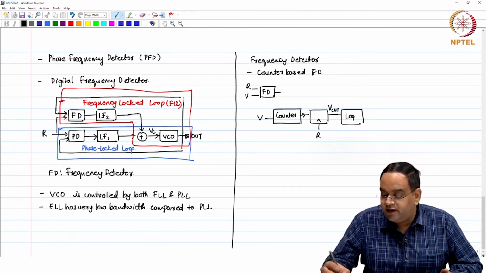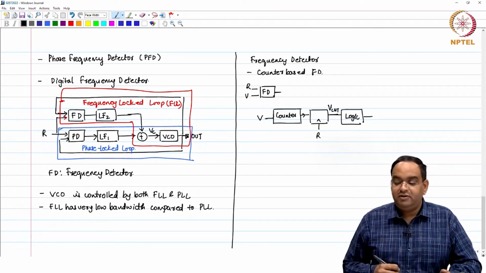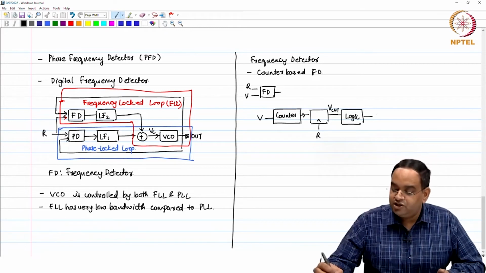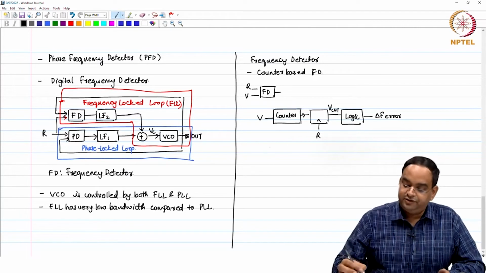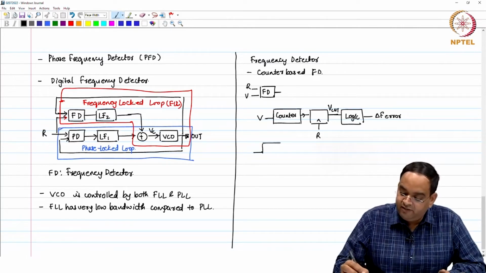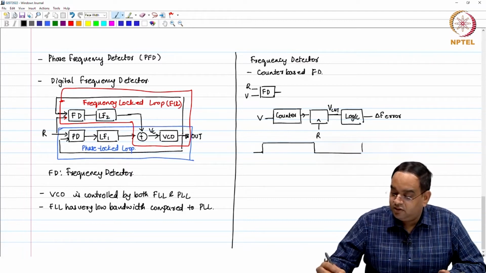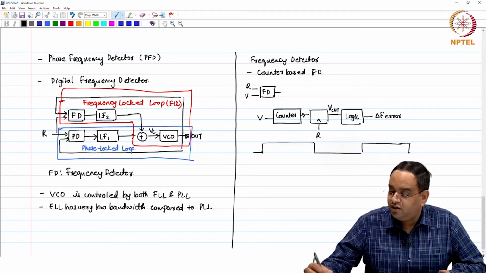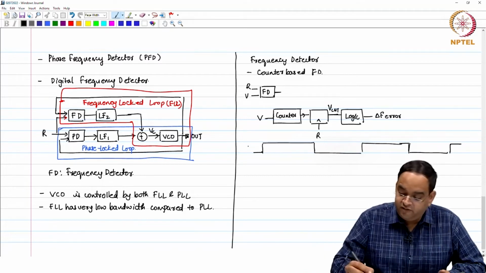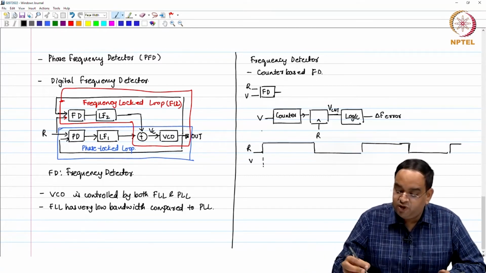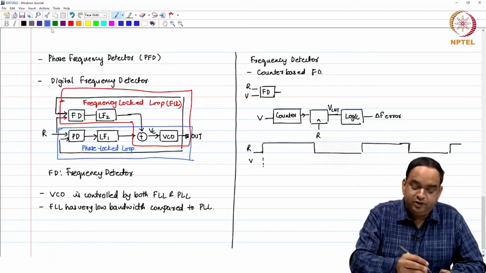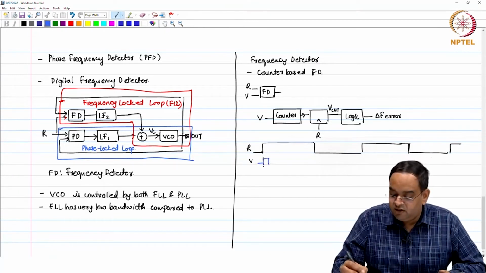There is some logic here now. At the output of the logic you will get the frequency error. How? If I have my reference clock like this, one easy way to find the frequency error is, because R acts as a reference, if I have my V clock, I just keep on counting.